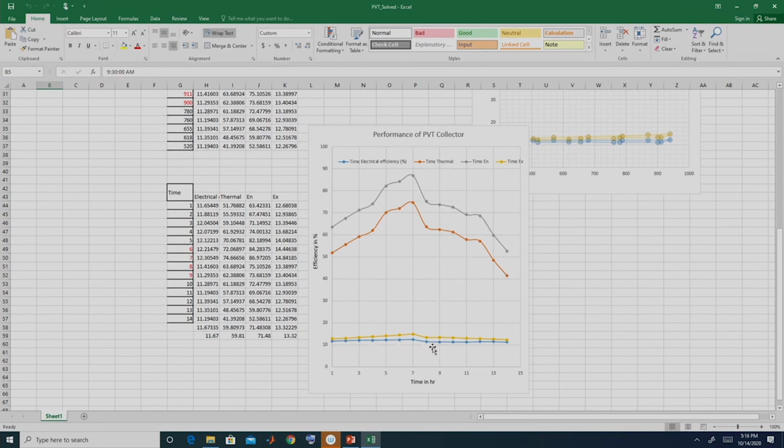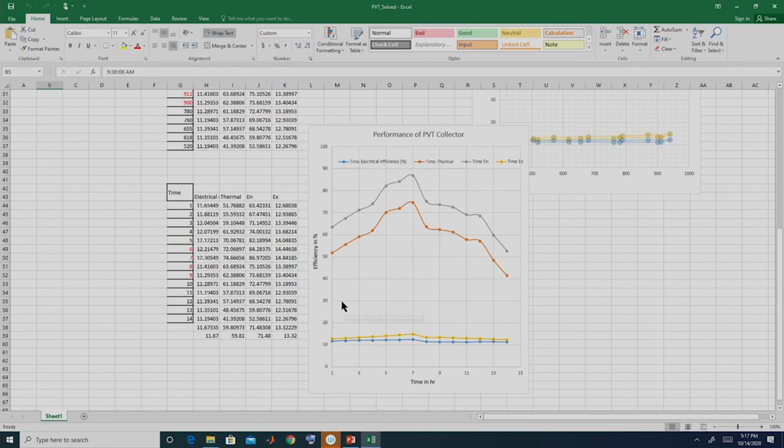All the plots show a similar pattern, but electrical efficiency is lower compared to thermal efficiency, right. So, by utilizing this PVT technology, we can harvest both electrical energy as well as thermal energy. Otherwise this heat energy would have been wasted. Okay. So, we could not tap this energy.